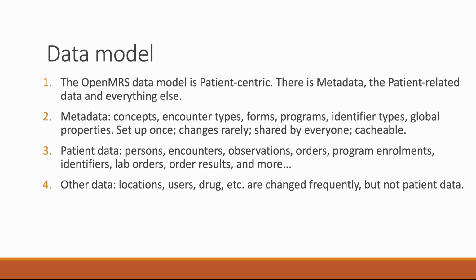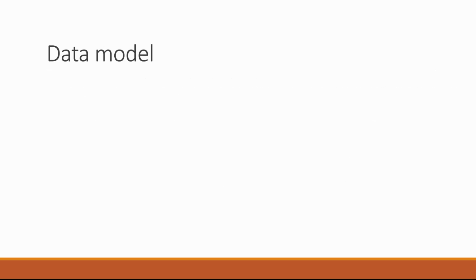But these are not related to patient data directly. They are supporting entities without which the system cannot be built or run, but they are not directly patient data. So these are the three different groups of entities in the OpenMRS data model. Now before we look into each and every one of those segments, I'll first talk about some general rules of the OpenMRS data model.